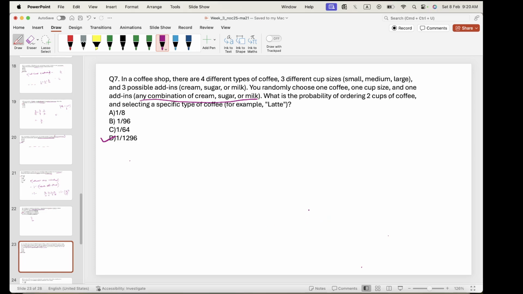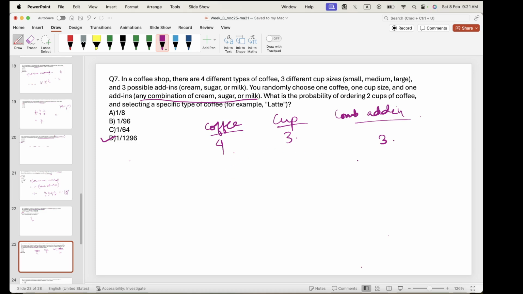I have 4 choices of coffee, 3 choices of cups, and a combination of add-ins where I have 3 elements. Any combination of cream, sugar or milk, and none.